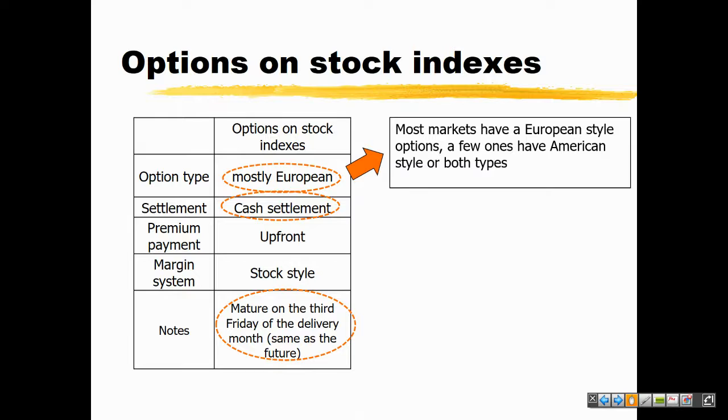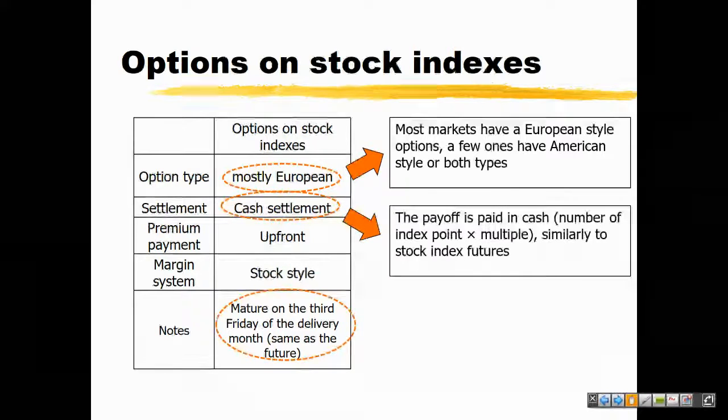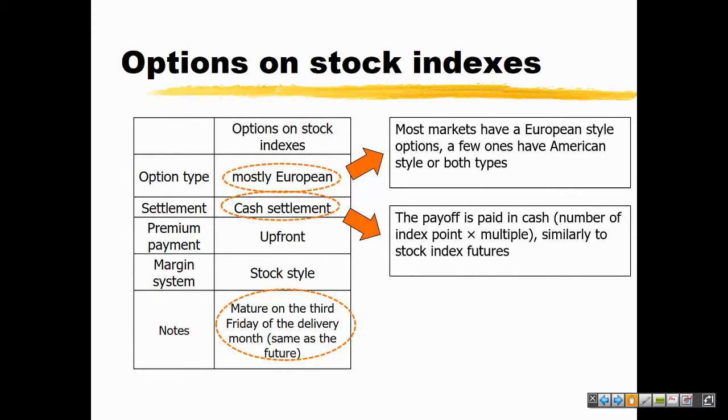From the point of view of settlement, the contract works with cash settlement exactly as the future. What I mean is the following. You have a payoff for the option, which is paid as the number of index points multiplied by the multiple. Let me make an example which is far easier than describing that in theory.